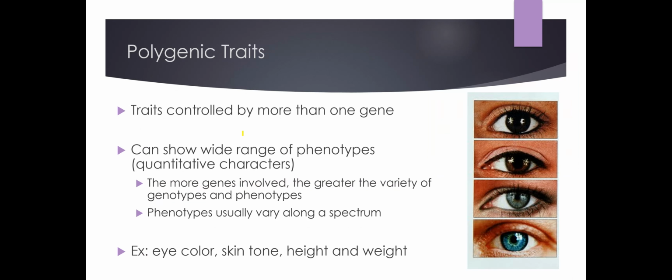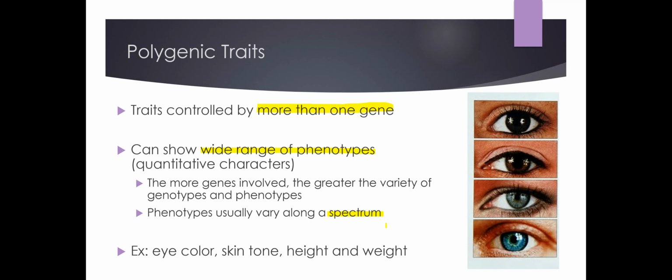And then you have polygenic traits, and these are traits that are controlled by more than one gene. And a lot of our traits, a lot of human traits are polygenic, and these are going to be harder to predict because it's not just what alleles you get from one gene, but the alleles that you get from a variety of genes. And so once again, we get a wide range of phenotypes that normally looks like a spectrum, okay? Height is an example.